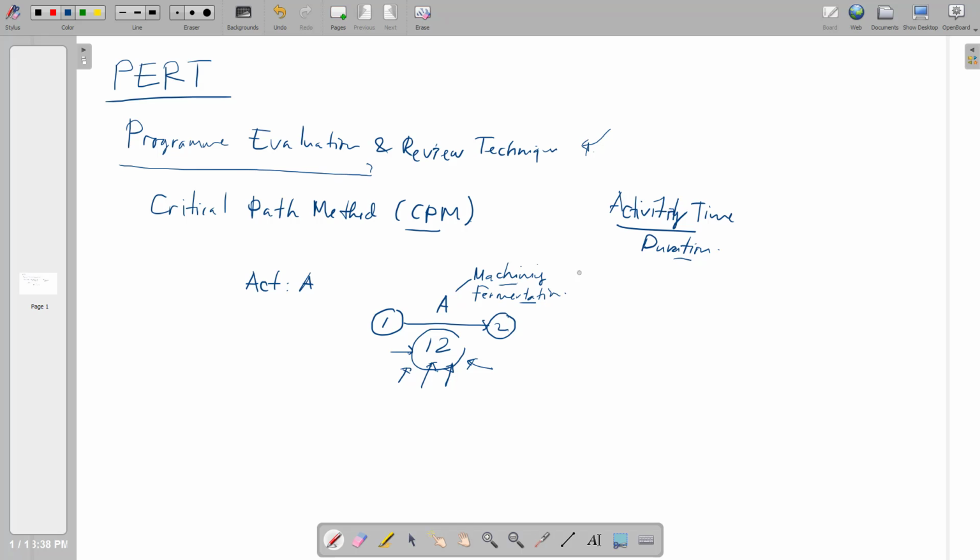In PERT, this is the tool to control the project by focusing on the activity time.